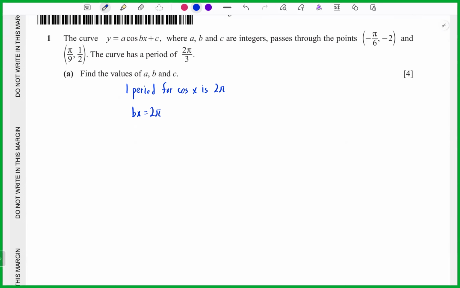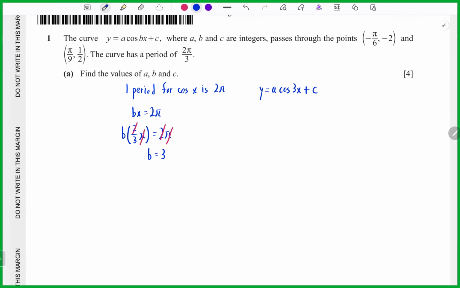So you can put b bracket 2 over 3 pi equals 2 pi. Then you can cancel the pi and 2, so you will get b equals 3. Now you have y equals a cos 3x plus c.